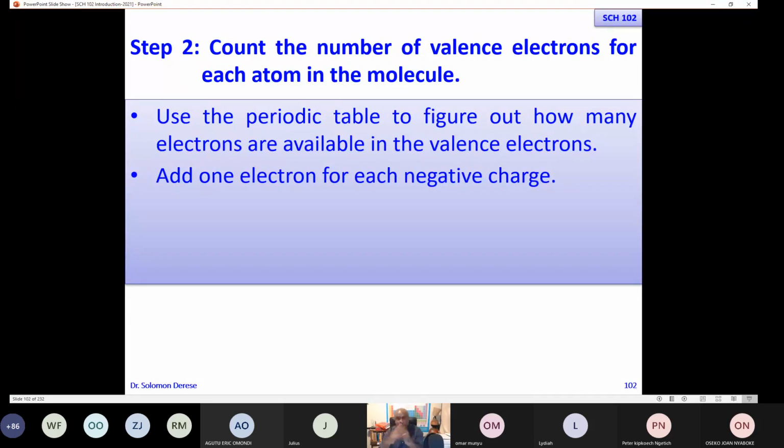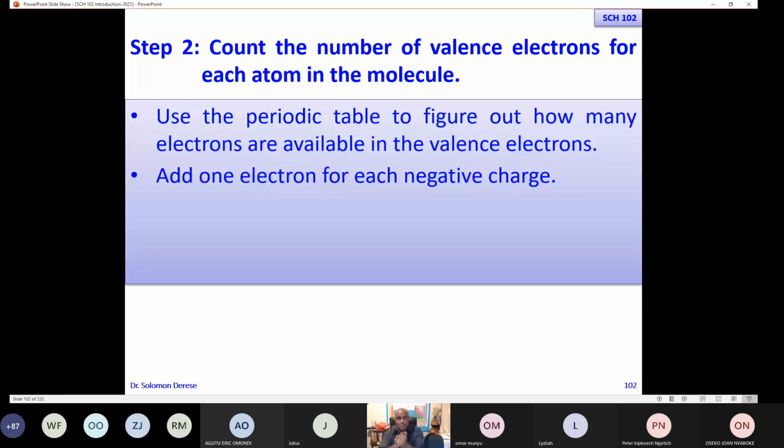For example, you can have a nitrate ion, NO3 minus. It is negative because it has gained an electron. So after counting the valence electrons of the nitrogen and the 3 oxygens, you'll add 1. If it is the sulfate ion, SO4 2-, you count the valence electrons of the sulfur and also the 4 oxygens, you add those together.